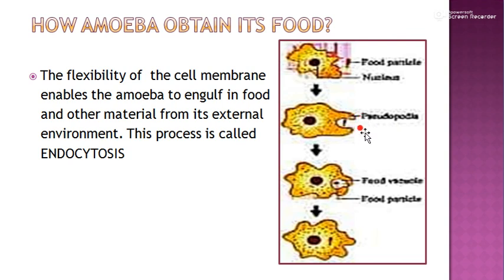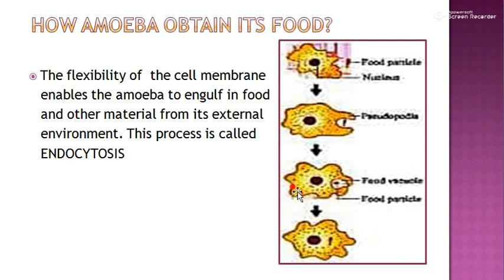So by making this structure, finally the food particle gets inside and it forms a vacuole-like area around the food. Basically in this vacuole the food enters, and finally it will digest here.